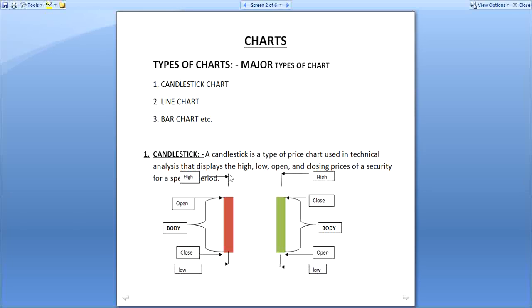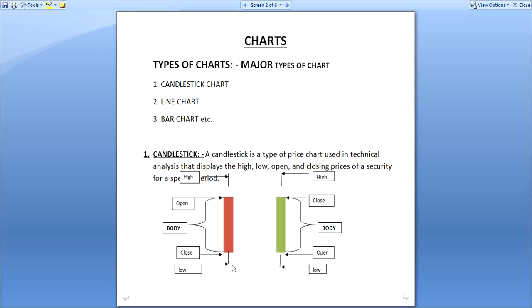This is called the high. High is 110 and open is 100. When it opens at 100, suppose first it goes up to 110, then it starts falling. From open it goes down and down and down, to a low of suppose 50 rupees.